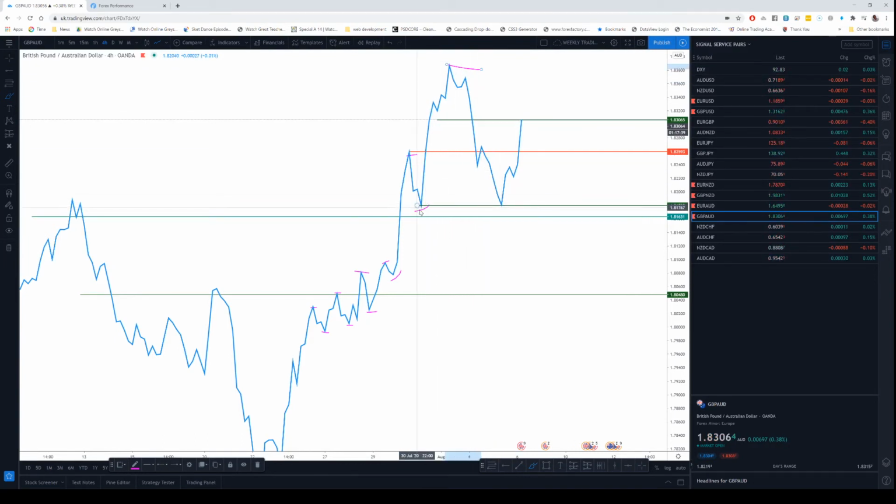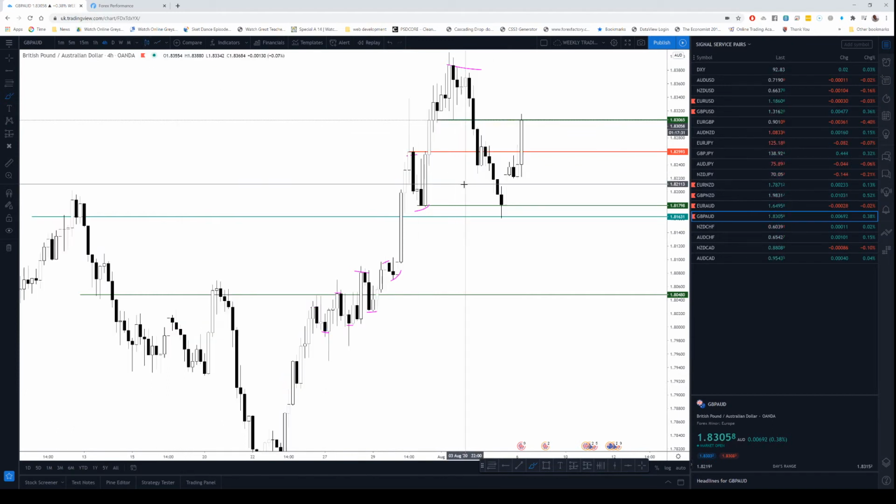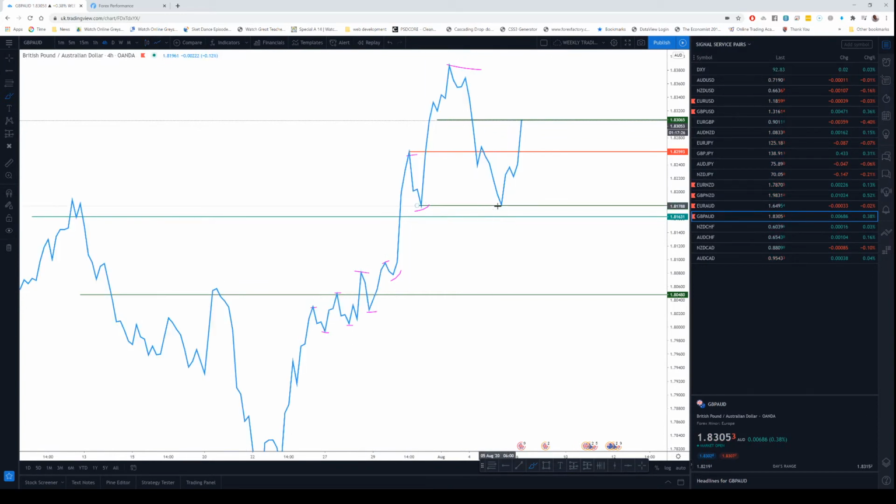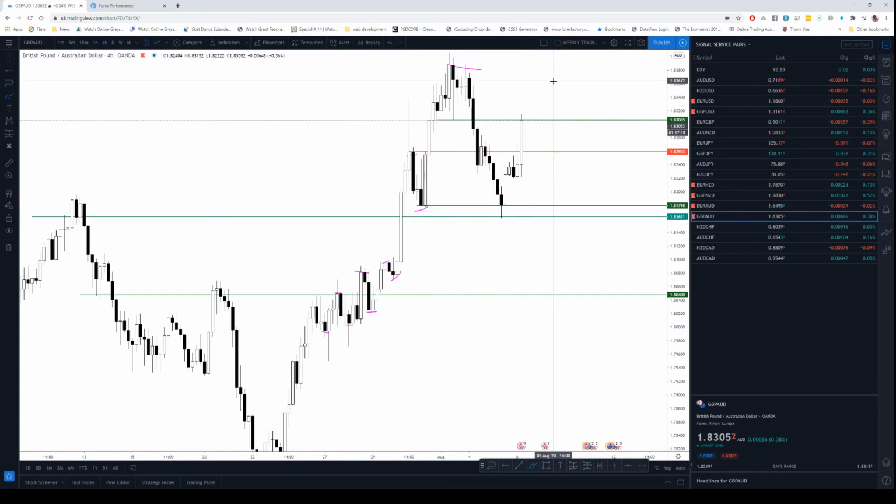We never broke down, and price is doing continuation to the upside, even though on the candle chart it looks like this. On the line chart, that's the true price action. So it never went below this. The wicks you see are just a stop run, and then we look for a continuation to the upside.